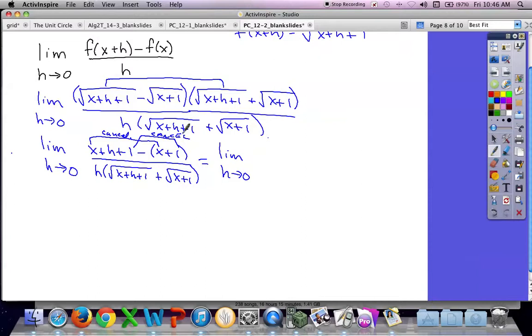If you remember, even when we did them in the first chapter, we said, when you do this f of x plus h minus f of x over h, every term should cancel that doesn't have an h in it. Right? Everything left should have an h in it. So here we go. This will be h over h times the square root of x plus h plus 1 plus the square root of x plus 1.